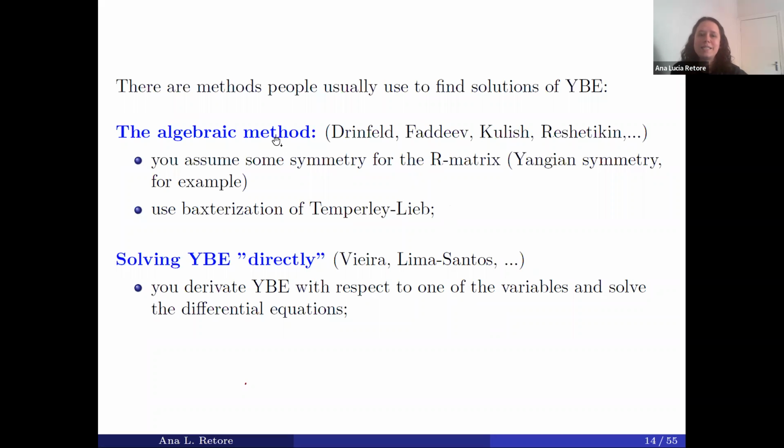As I said, each of these methods has a good thing and a bad thing. Ours will also have, and the problem with ours will be that we will generate lots of dependent solutions. We'll find so many solutions and very few are independent, because there is a lot of freedom in the R-matrix that keeps Yang-Baxter invariant. So we will have to see somehow whether they are independent or not.